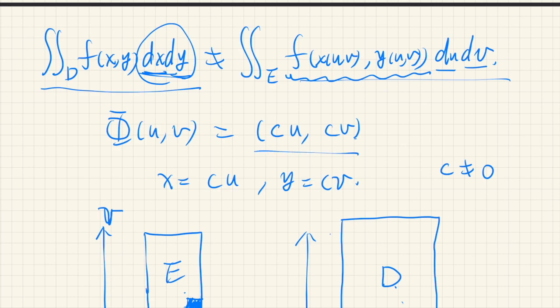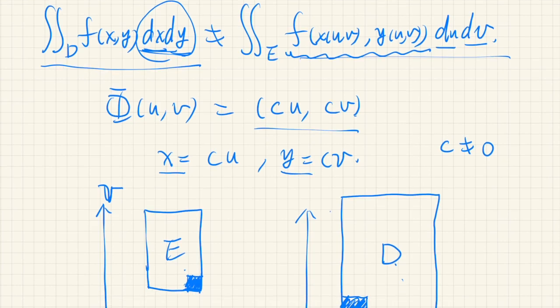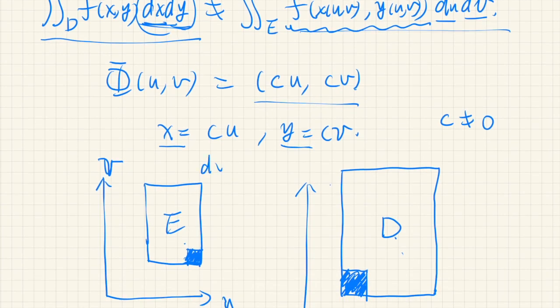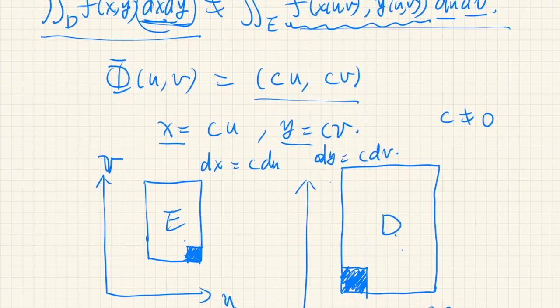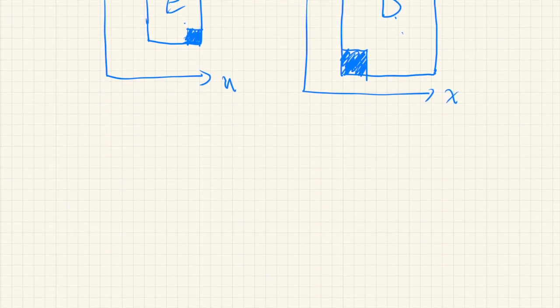In this particular case, since x and y are given by this, dx is c times du and dy is equal to c times dv. So it makes sense to change the variables in this way: dx dy is equal to c squared du dv.